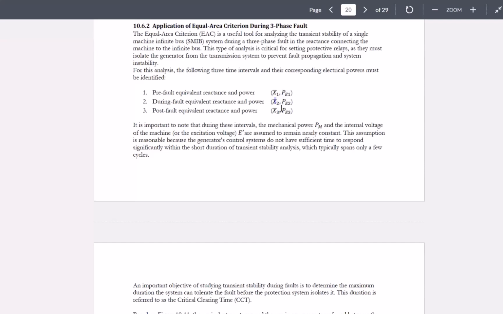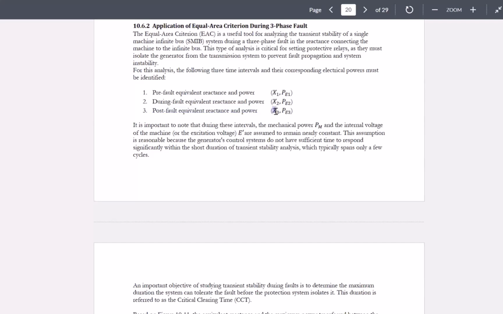Now, if the pre-fault system and post-fault system are exactly the same, meaning the configuration of the system is not changed, it means that the fault that happened on a line in the system was temporary. So you go back to where you were. That type of fault is called a temporary fault. Under those circumstances, X1 and X3 would be equal.